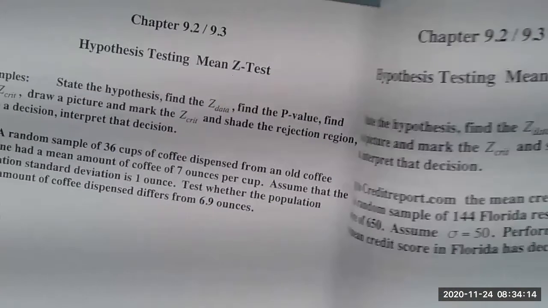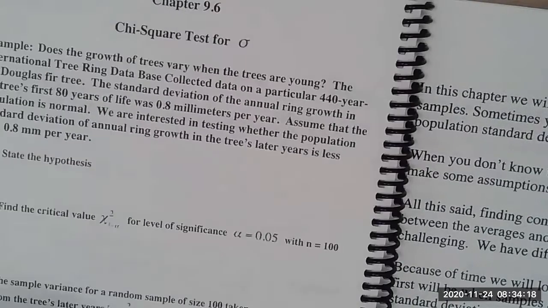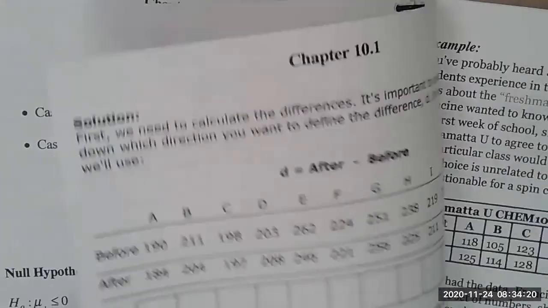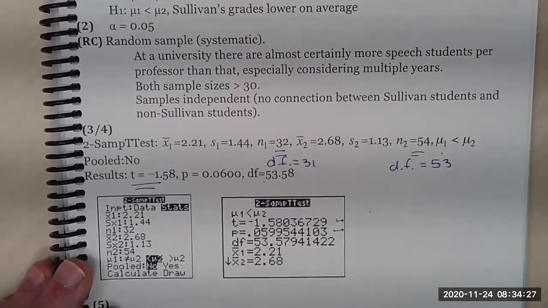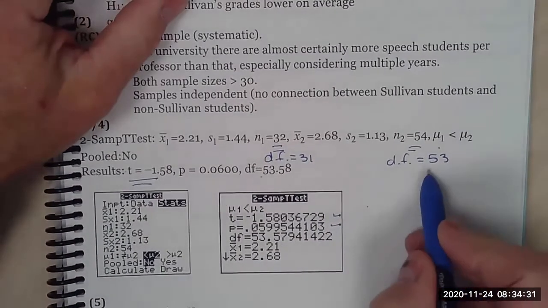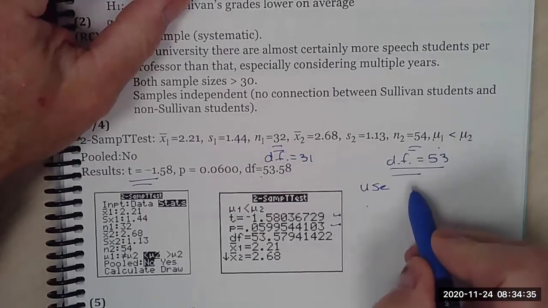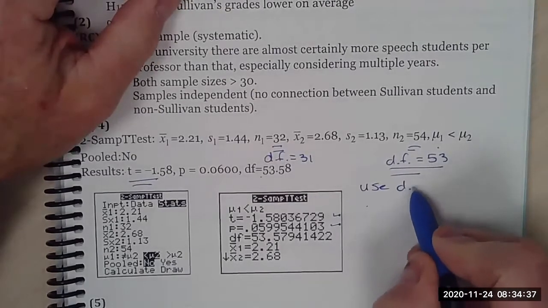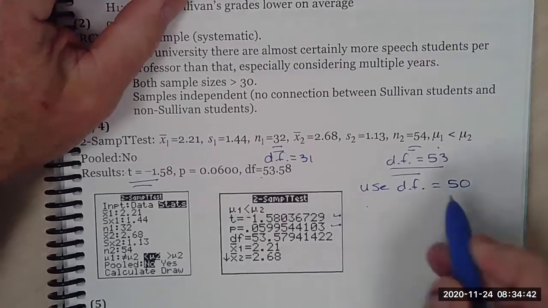So I'm going back over here. I need the critical value based on this. So we're going to use df equals 50, the closest one.